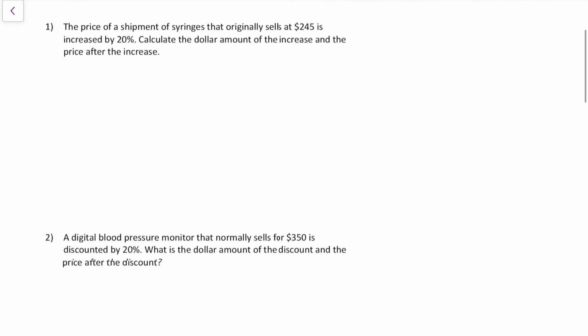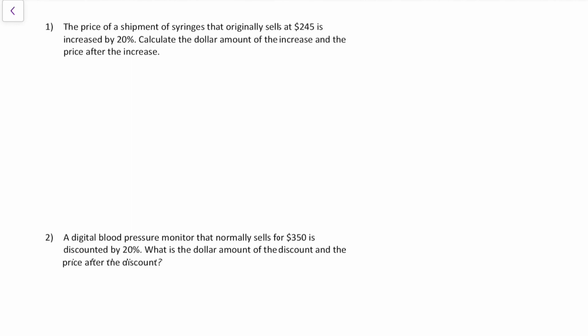So for example, the price of a shipment of syringes that originally sells at $245 is increased by 20%. Calculate the dollar amount of the increase and the price after the increase. So there's kind of a multi-step problem here. But the keyword there, increased by 20%, is going to give us an indicator that this is a percentage change.